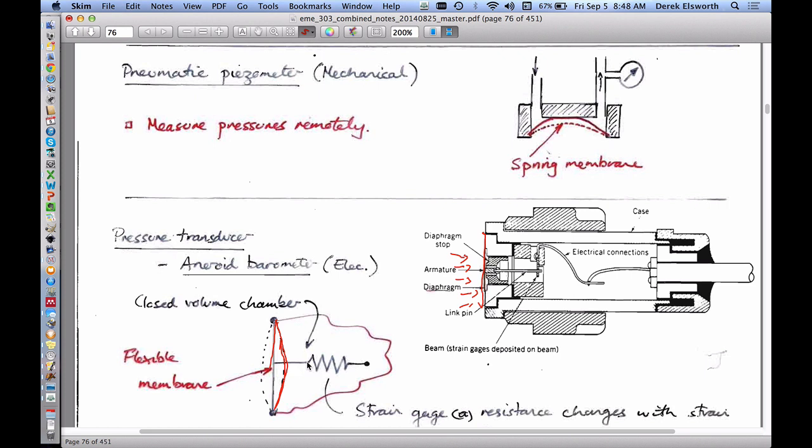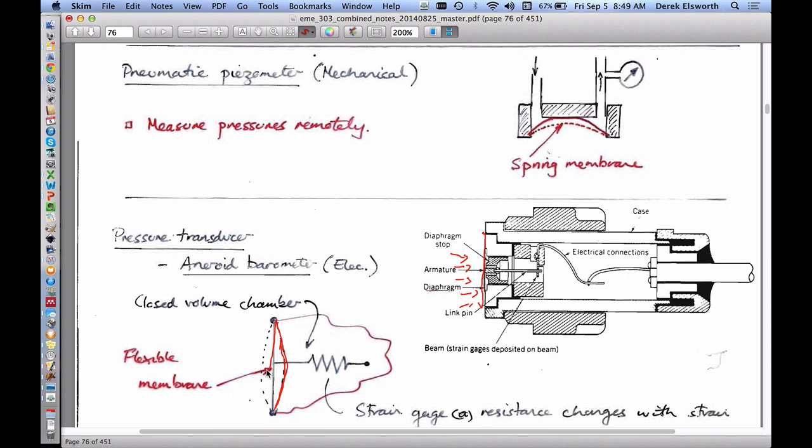And a vibrating wire strain gauge is just the same as a guitar. As you change the tension of it by moving it, the characteristic frequency it vibrates with changes. So you have something that plucks it electronically, a magnet. You turn a magnet on to pluck it, and you measure the characteristic frequency as it vibrates, and you use that to be able to measure the stretching of the strain gauge, which in turn gives you some information about the buckling of this diaphragm, and you convert that into a calibrated pressure.